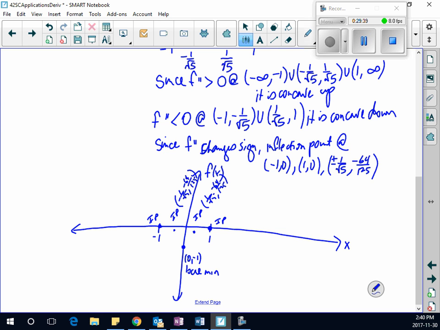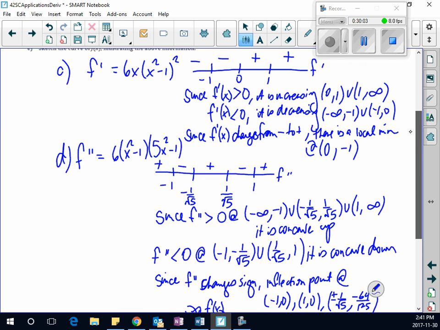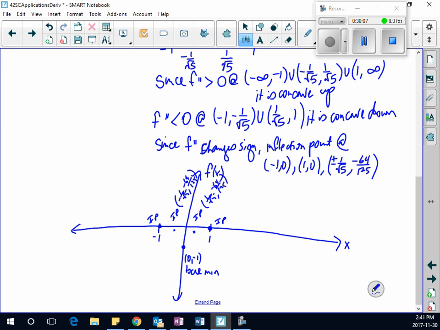Then what's happening there? It's above the x-axis on the left of negative 1, and it's decreasing from negative infinity to negative 1. So it's coming down. And then what's the concavity there?